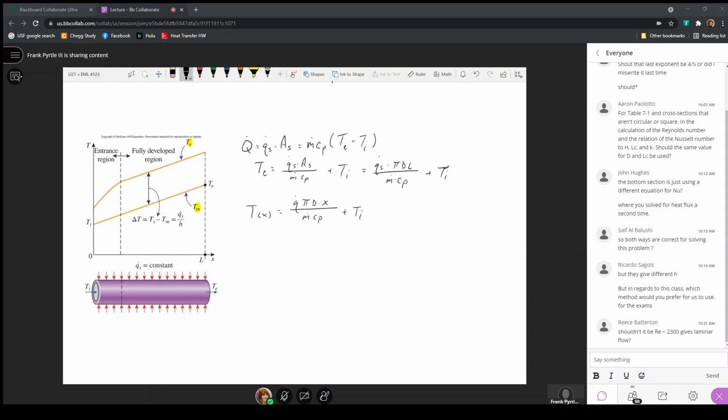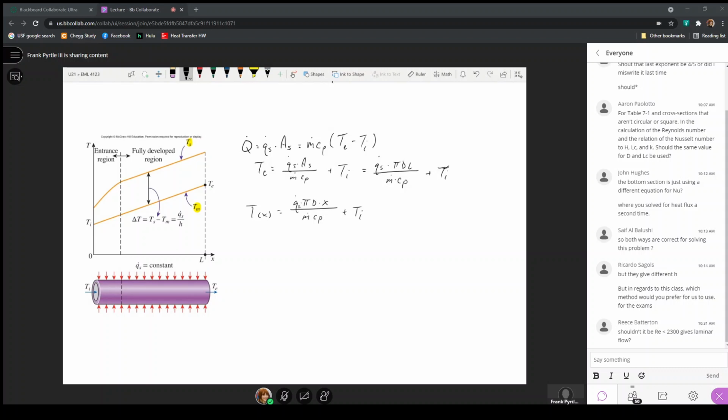So I could actually find the temperature anywhere along the length, and notice that this is just an expression of a linear temperature variation. This is q dot sub s times pi times d divided by m dot c sub p. All of those are constants. So that's a constant times X plus Ti.